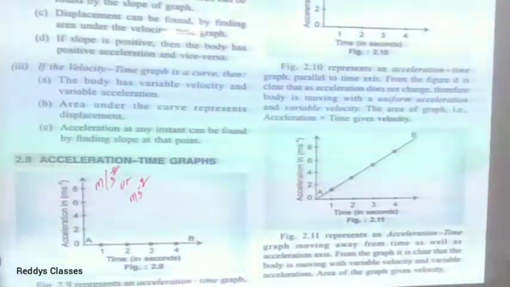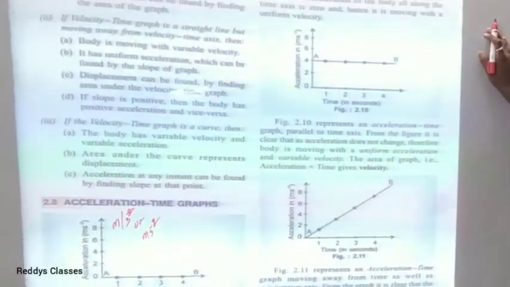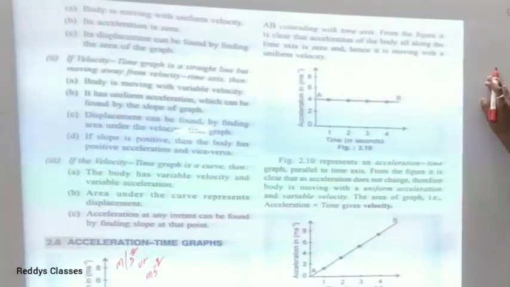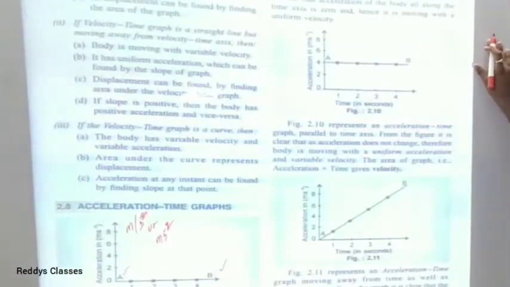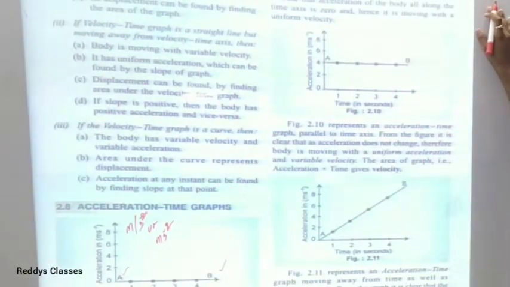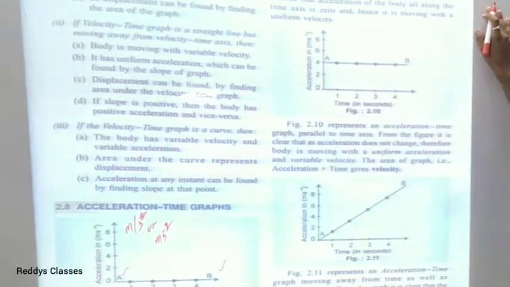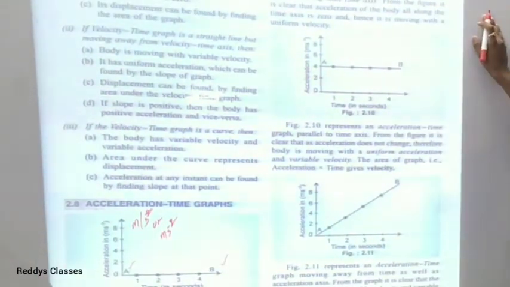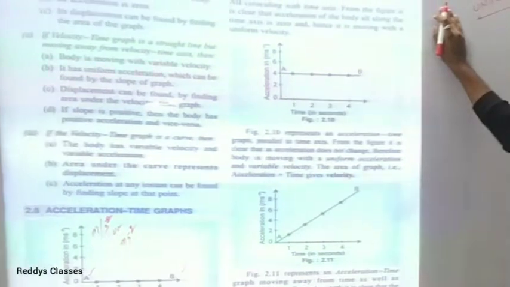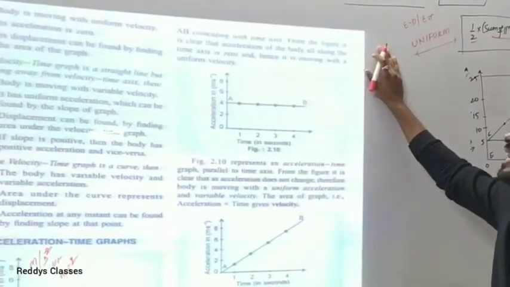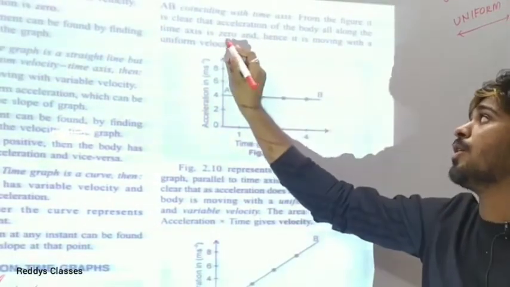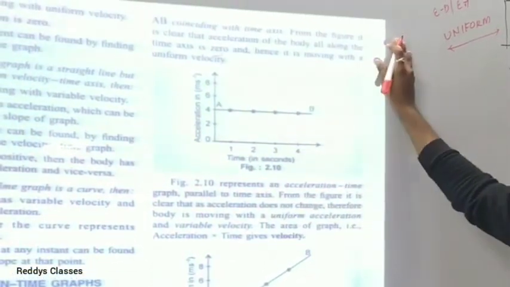Now as you see here, AB is coinciding with the time axis. You can see this A and B, it is on the same axis as that of time. From the figure, it is clear that the acceleration of the body all along the time axis is 0 because it is coinciding with the time axis.